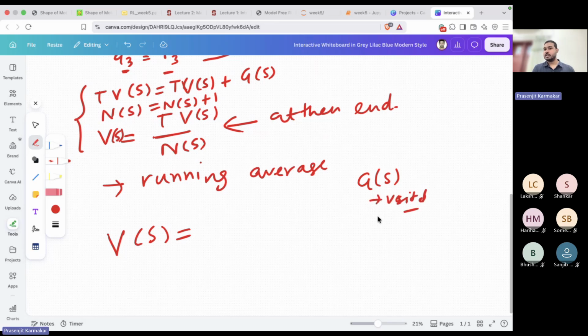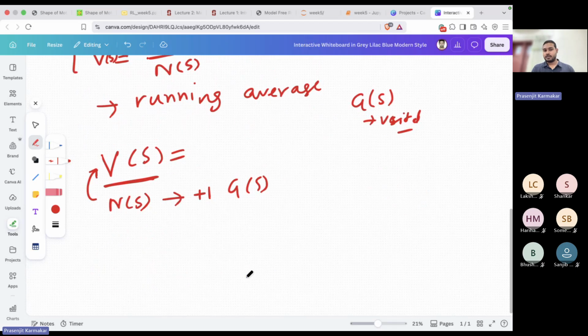So n should be also increased. Assuming that I have an initial value of that state V of S, how can I update its value? Let's say I have visited that state N of S number of times, and that's my estimate for value, V of S. Now I visited it one more time and got a return of G of S. So what is my updated value function?